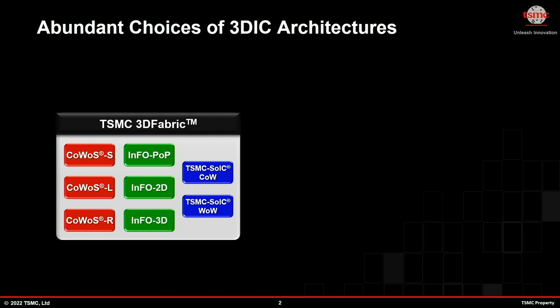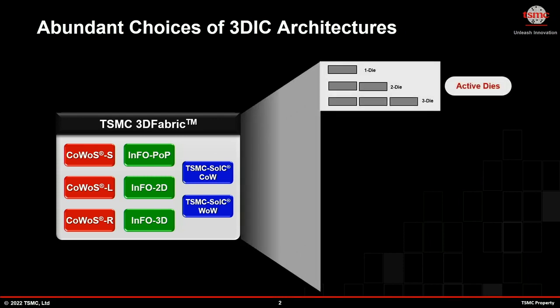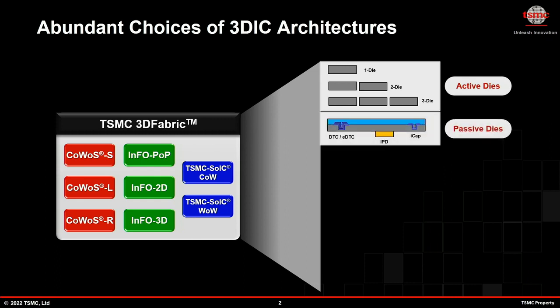But on the right-hand side, we have a lot of selective offerings that can be mixed and matched into our 3D Fabric offerings. I can summarize them as follows. The number of active dies: we can have 1 die, 2 dies, or 3 dies at a particular layer. We can have passive devices, a choice of different passive devices, like the deep trench capacitors and our enhanced deep trench capacitors, the integrated passive devices, and also our ICAP, which is offered in our CoWoS platform.